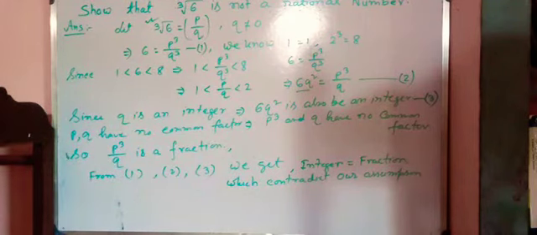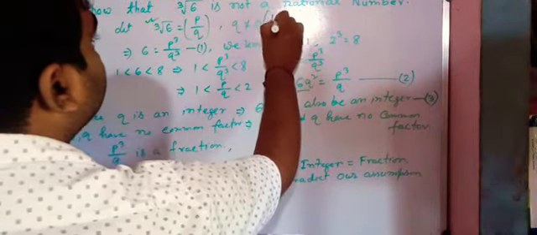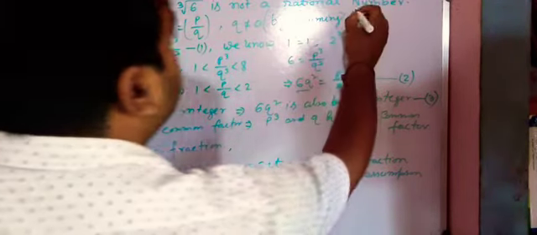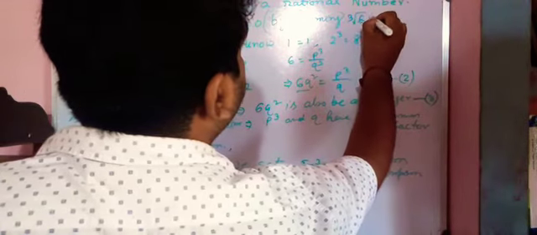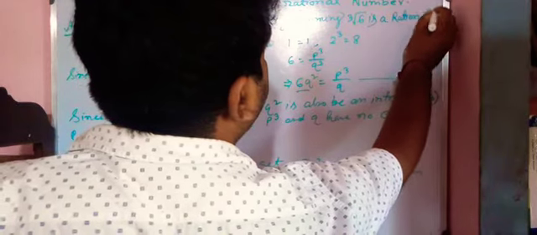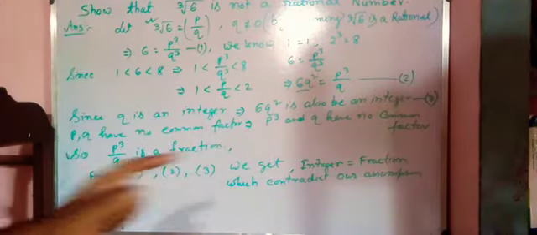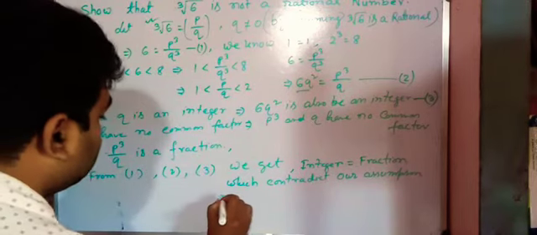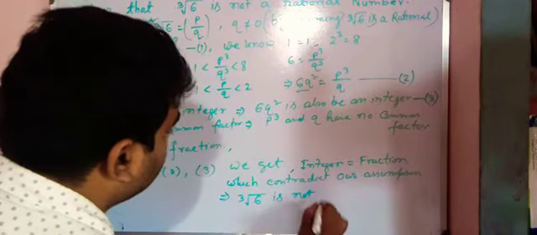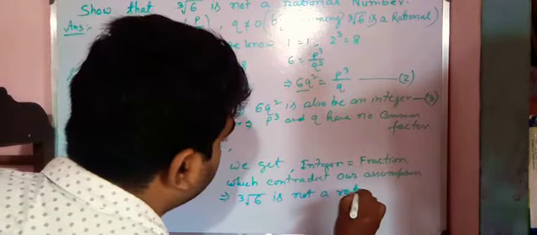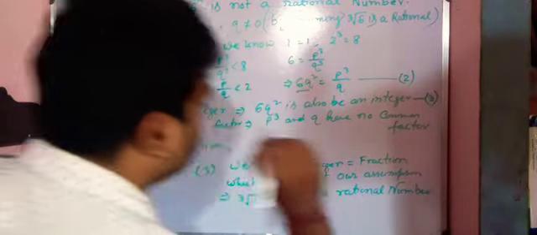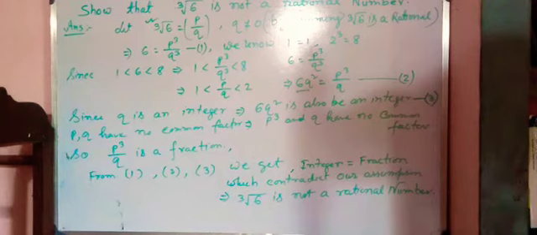So by assuming cube root of 6 is rational, which contradicts our assumption, that's implying cube root of 6 is not a rational number. Understood the proof?